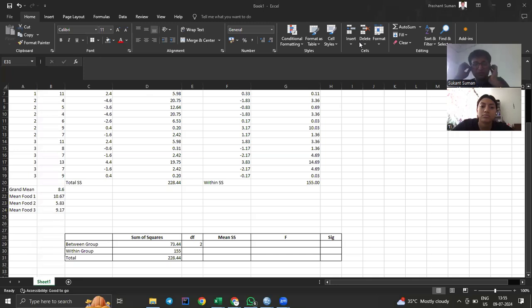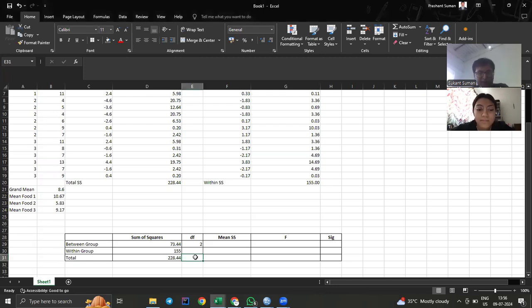Wouldn't it be 3? Sorry? Wouldn't it be 3? No, this degree of freedom will be 3 minus 1. So 2. And total degree of freedom will be how much?